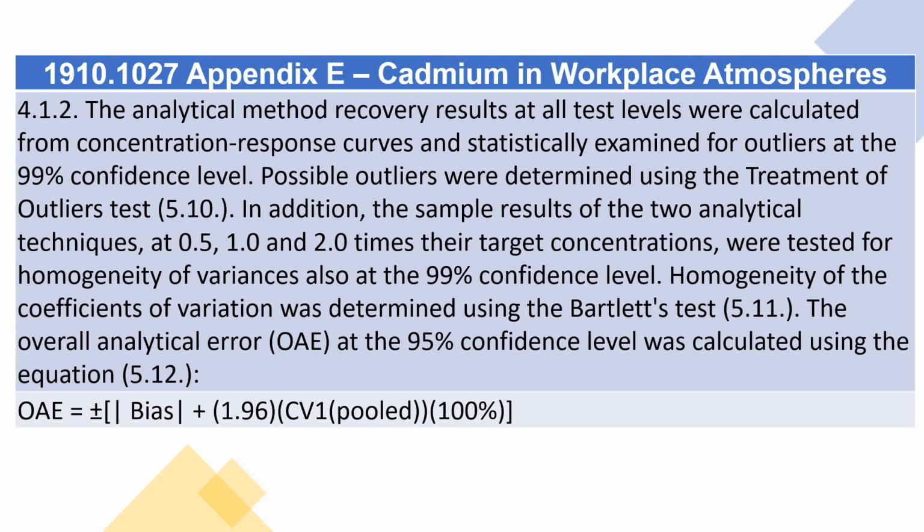Homogeneity of the coefficients of variation was determined using the Bartlett's test, 5.11. The overall analytical error, OAE, at the 95% confidence level was calculated using the equation, 5.12. OAE equals plus or minus, bias plus 1.96 CV1 pooled, 100%.